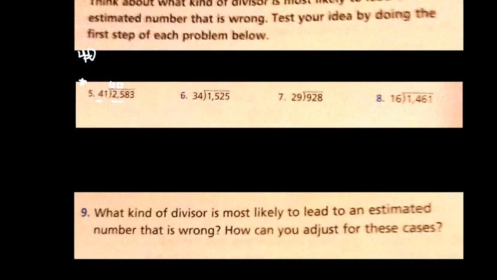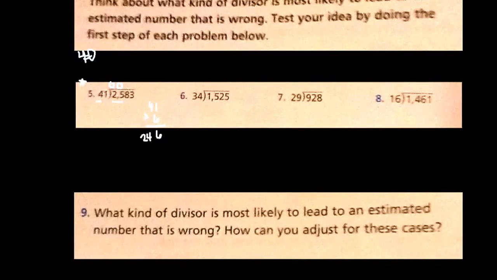Okay, 4 times 6 would give me 24. So what if I tried 41 times 6 and see if that gets me to 258, or close? So let's try that. 41 times 6. Okay, 6 times 1 is 6, and 6 times 4 is 24, so 246. Excellent, that definitely worked, because I know I'll go over if I try times 7.